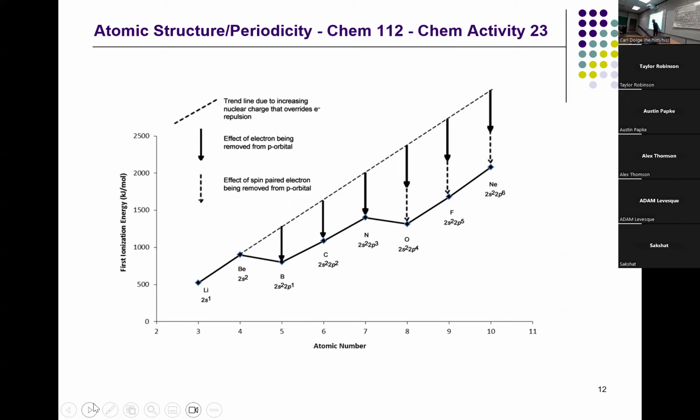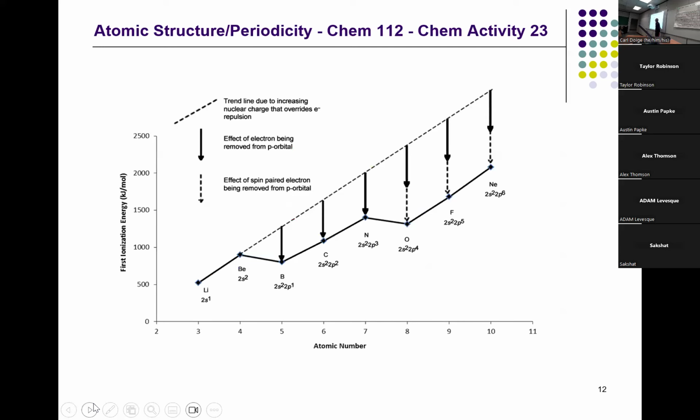So all of them experience a little bit less tug of the nucleus. So yes, the nuclear charge goes up, but all of these electrons are a little bit further away from the nucleus. They're in that p orbital. So we usually ask you to explain between beryllium and boron, and that is discussed in the tutorial.